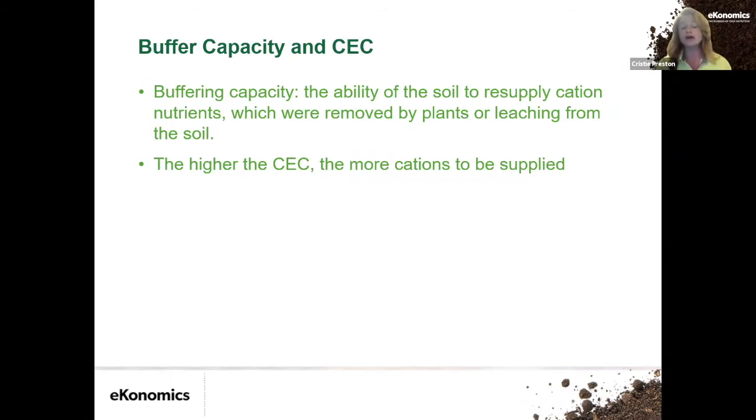If a soil has a low CEC, it's got a lower ability to hold on to that potassium, and it could potentially be leached from the soil profile. In general, the higher the CEC, the more cations that can be supplied to the plant.